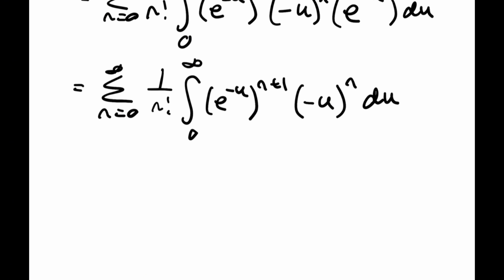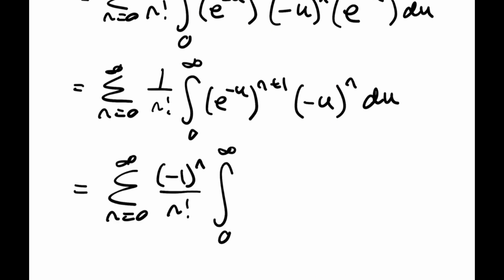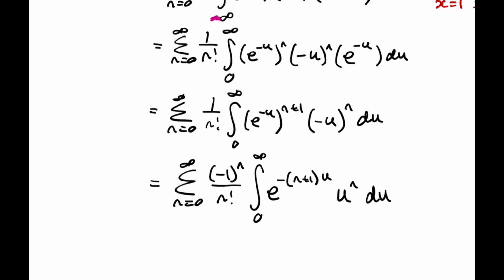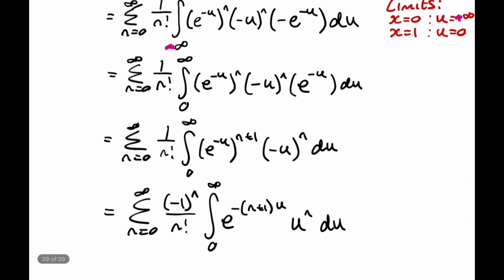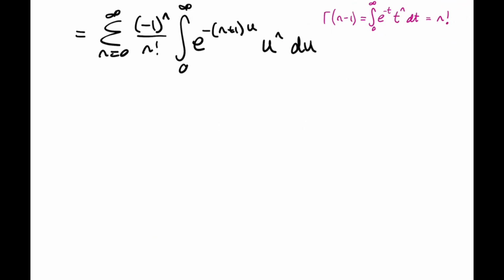I'm going to take this negative 1 to the power of n, bring that out of the front, times the integral from 0 to infinity of e to the power of negative n plus 1 times u, times u to the power of n du. And I hope you can see this is getting extremely close to the gamma function.